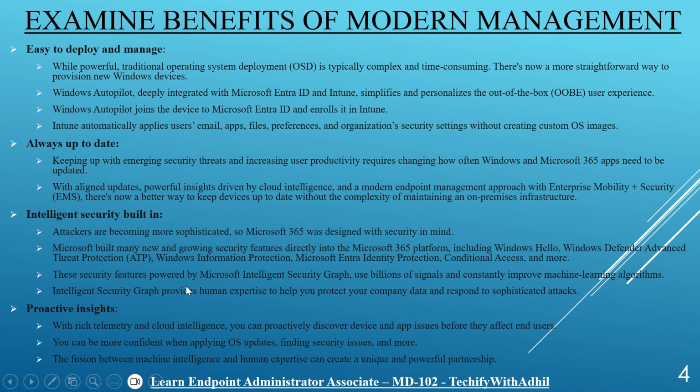These security features, powered by the Microsoft Intelligent Security Graph, use billions of signals and constantly improving machine learning algorithms. Intelligent Security Graph provides human expertise to help you protect your company data and respond to sophisticated attacks.